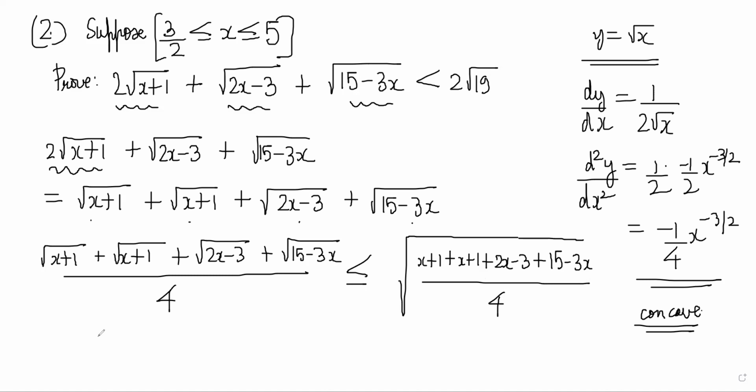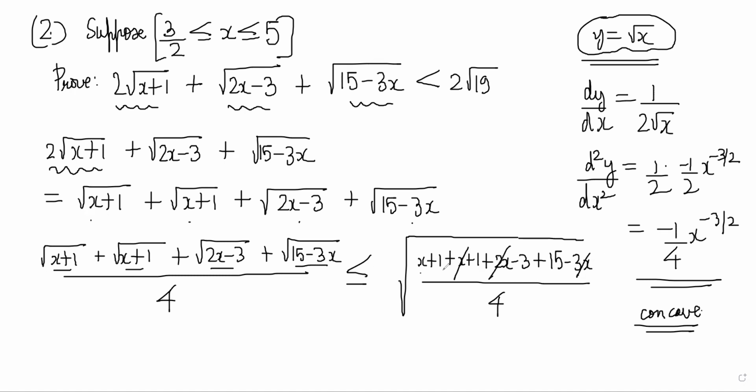This is a consequence of concavity of the function and Jensen's inequality applied for y is equal to root x function, with the x1, x2, x3, x4 being these values, x plus 1, x plus 1, 2x minus 3, and 15 minus 3x.